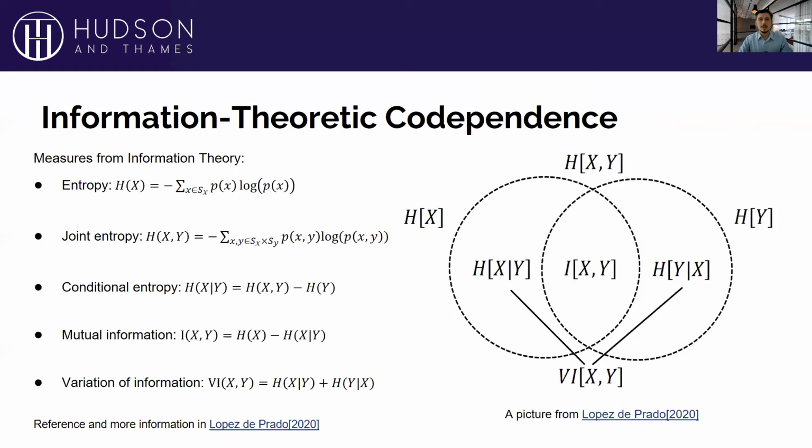Unfortunately, it's only finite for discrete random variables, and in real life and in financial applications, we often have continuous random variables. Therefore, we need to discretize our observations, or basically divide them into a certain set of bins, and then we can estimate the probability of an element being inside a certain bin.